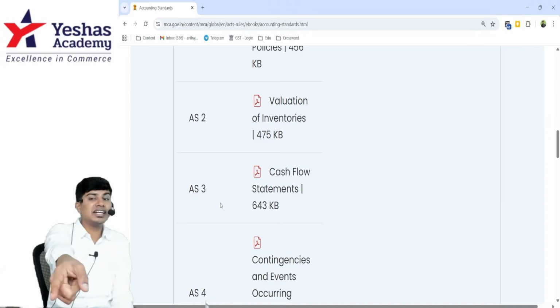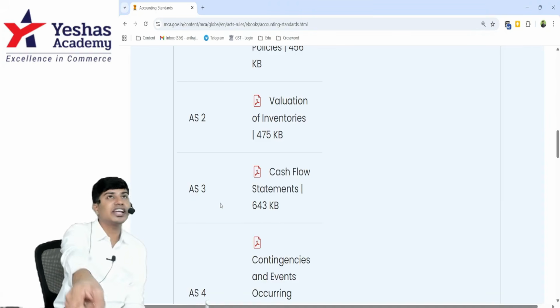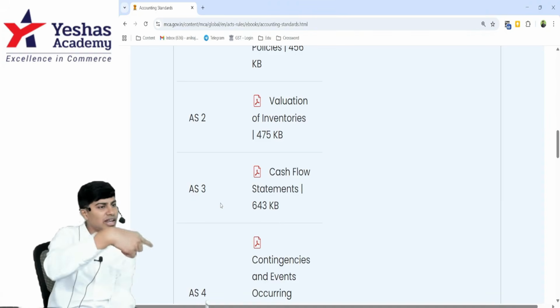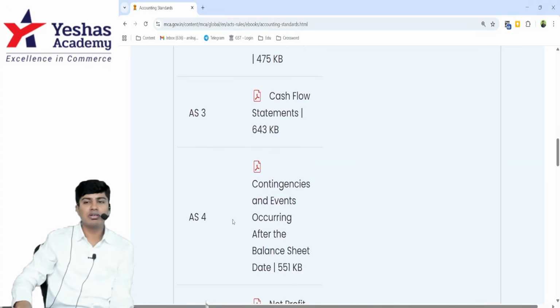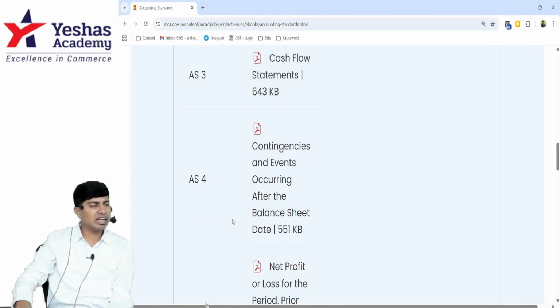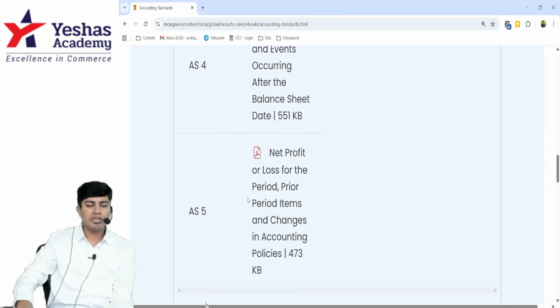You have it as chapter 11, unit 2, as well as in module 1. Same names, no? AS4, chapter 7, unit 1, contingencies and events occurring after balance sheet date. 7.2, AS5, net profit or loss for the period, prior period items and changes in accounting policies.